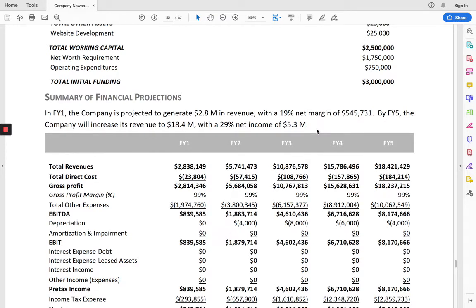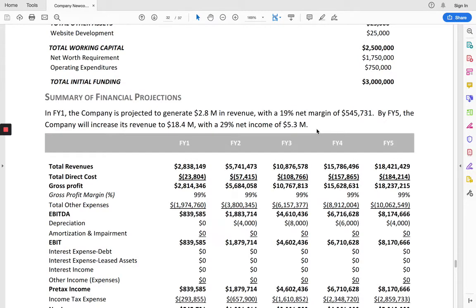And everything is done in an Excel sheet, customized for your business, built from scratch for your business, and it's an editable spreadsheet. So what that means is you can use this spreadsheet to run different scenarios, growth scenarios, average price point scenarios.